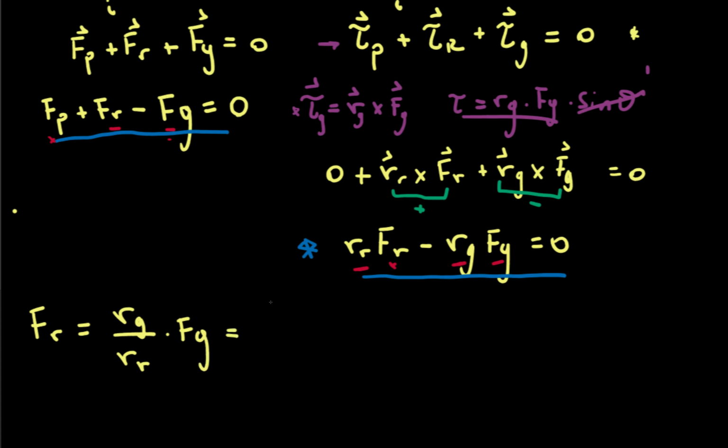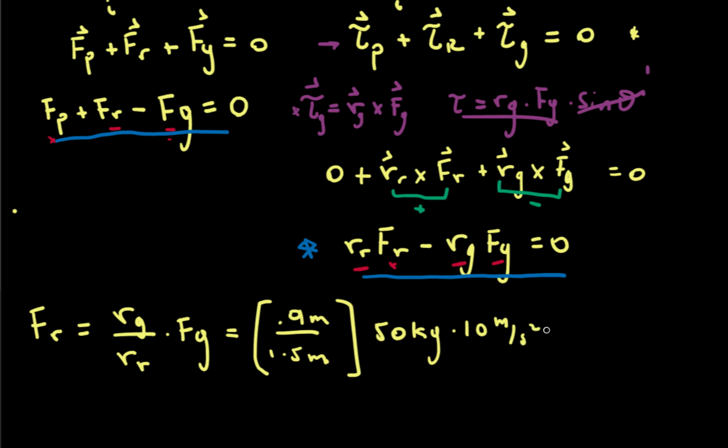When you put in some numbers, you get 0.9 meters over 1.5 meters, times 50 kilograms, times about 10 meters per second squared. Let's just round it, because you get a nice number.